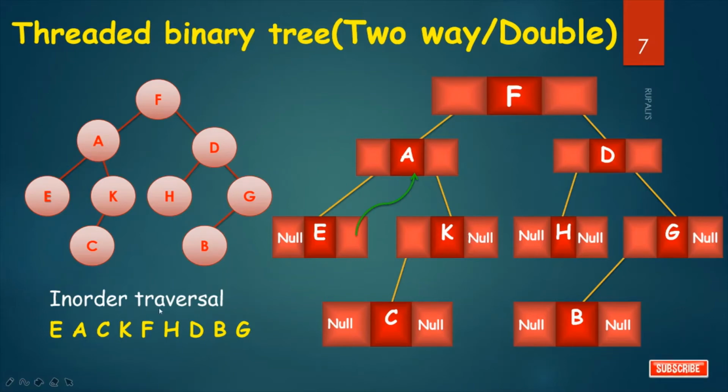In place of null, you have to insert the address of F. It is the in-order successor of K. So the in-order successor of K is F. So insert the address of F.